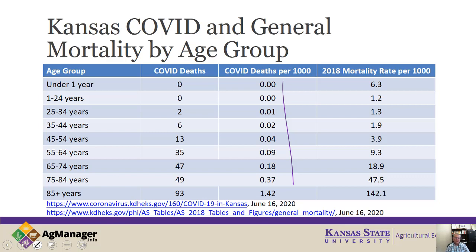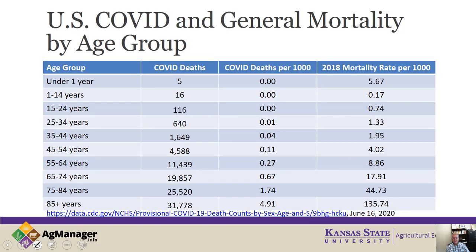So while the COVID pandemic certainly has affected individuals, now with 3 months in, you could multiply these by 4 to kind of get the annual death rate per 1,000. And again, while every death is important, it's quite a bit less.